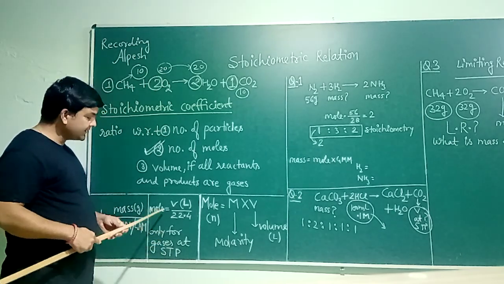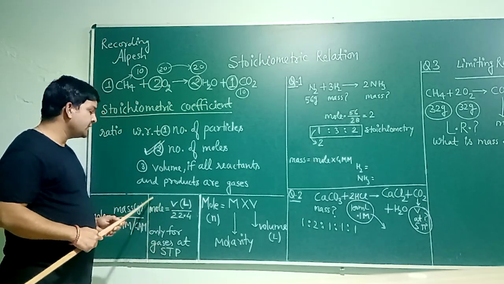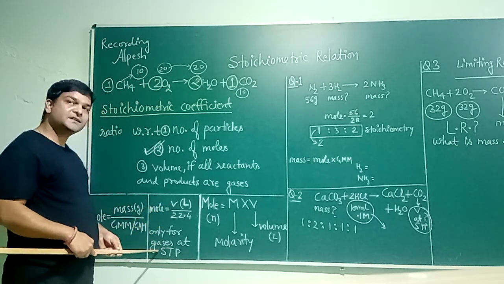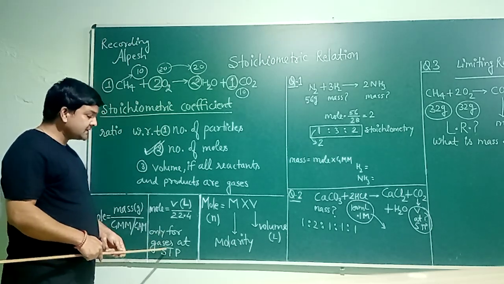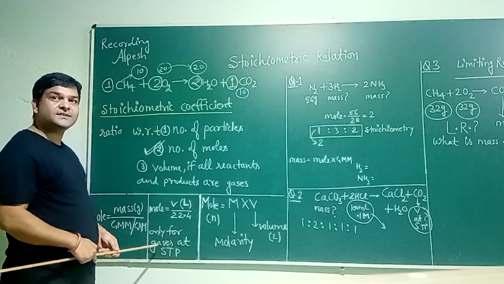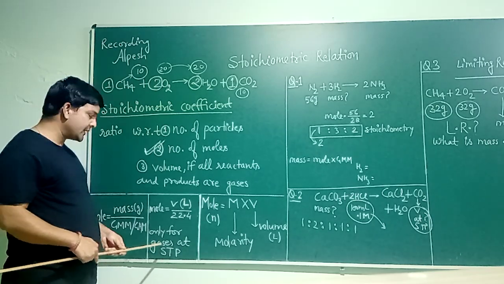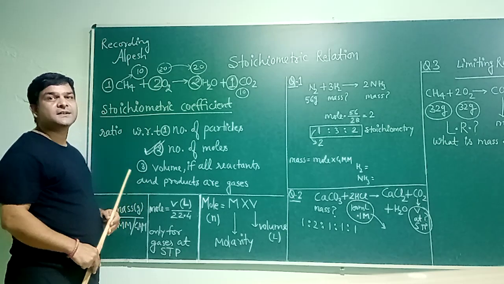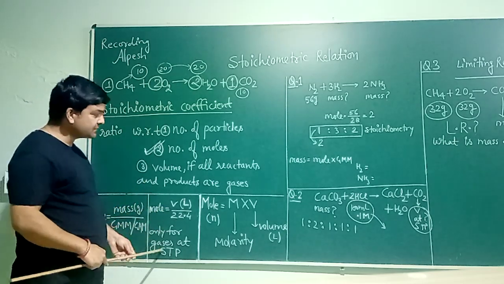So if you are given volume of gas at STP, then you can use this formula. STP stands for standard temperature and pressure. Standard temperature is considered as 0 degree Celsius or 273.15 Kelvin. Standard pressure is 1 bar. So you can use this formula with these two conditions.